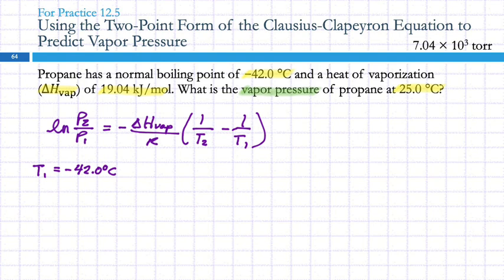So 273.15 plus negative 42 is 231.15 Kelvin. Temperature 2 is 25 degrees Celsius, which is 298.0 Kelvin.